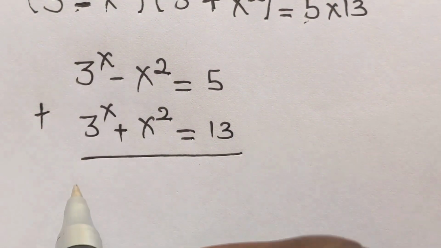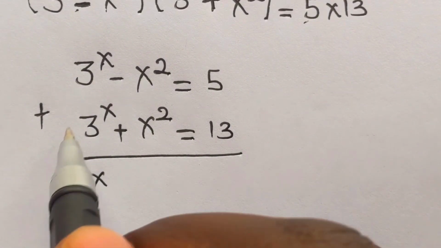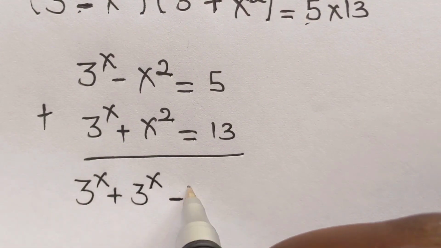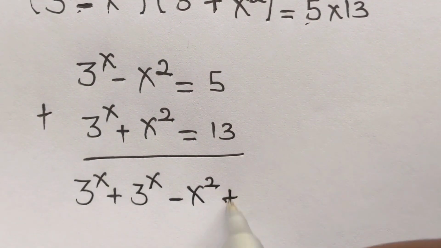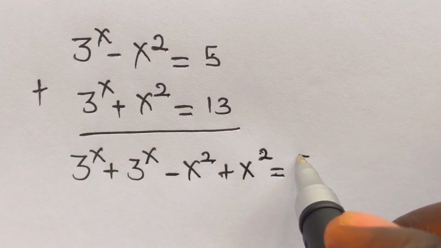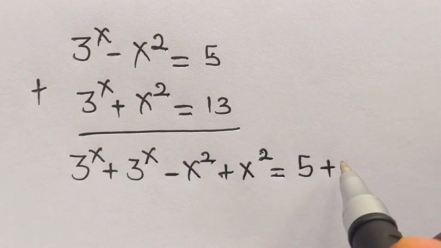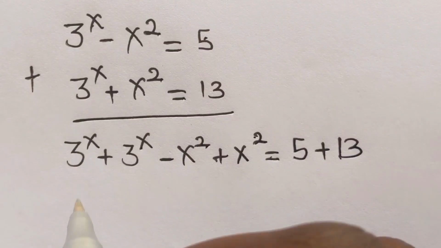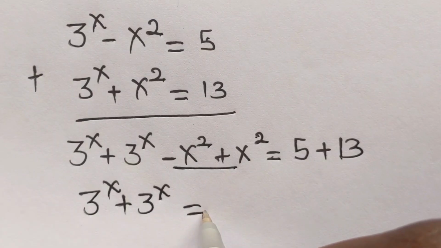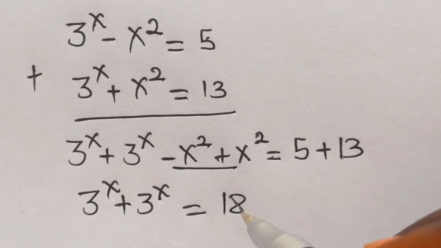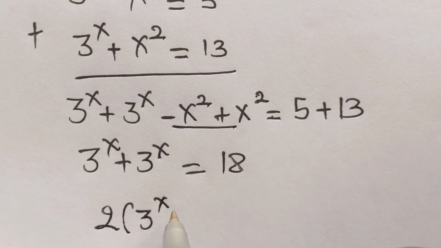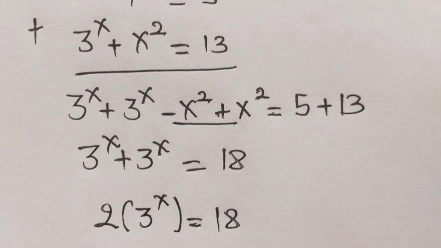We have 3 power x plus 3 power x, then minus x squared plus x squared, which is equal to 5 plus 13. The x squared terms cancel, so we get 2 times 3 power x, which is equal to 18.